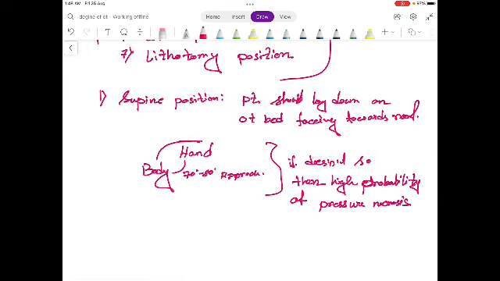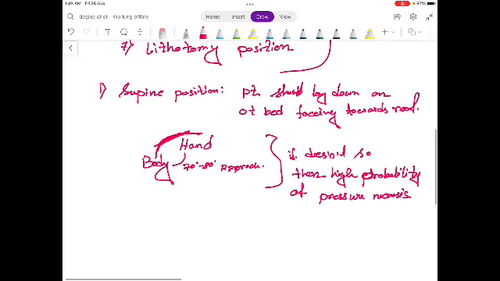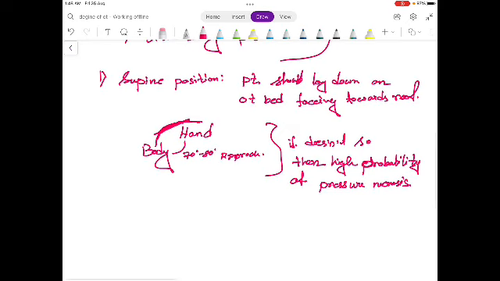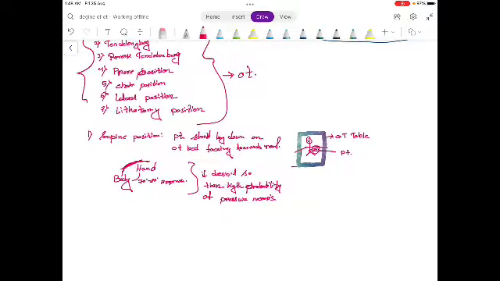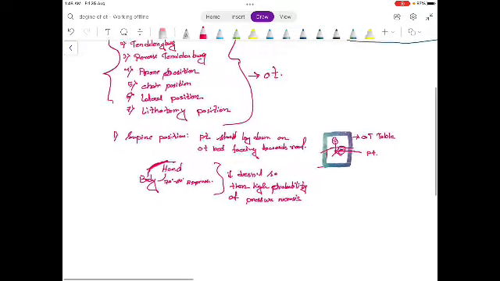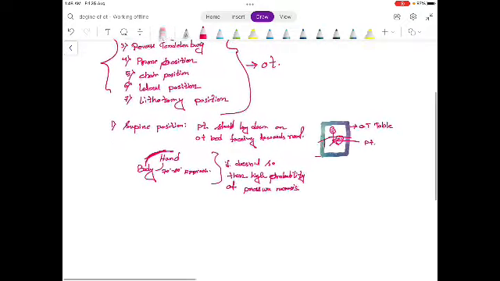Why pressure necrosis? Because the arteries and veins from the body to the hand are compressed, so this is the reason. That's why the pressure necrosis happens, right?